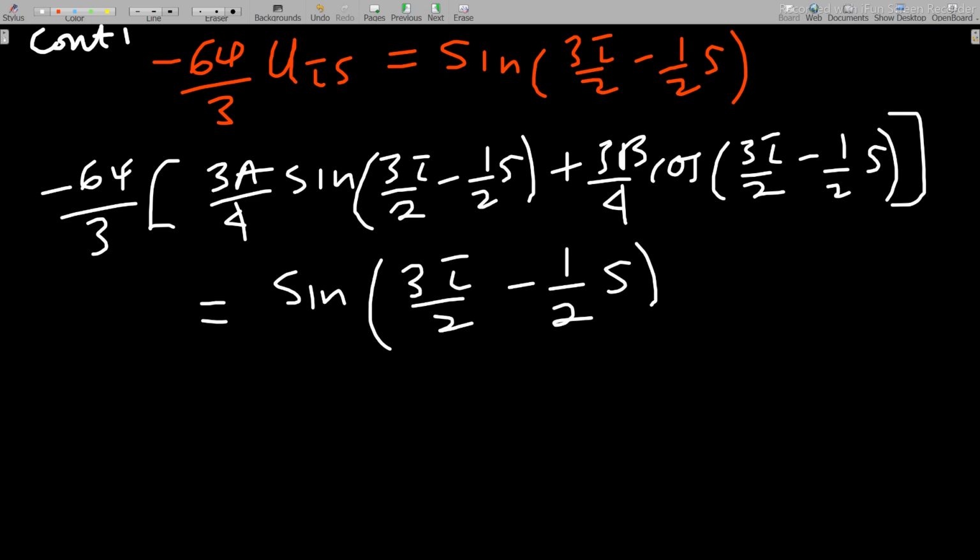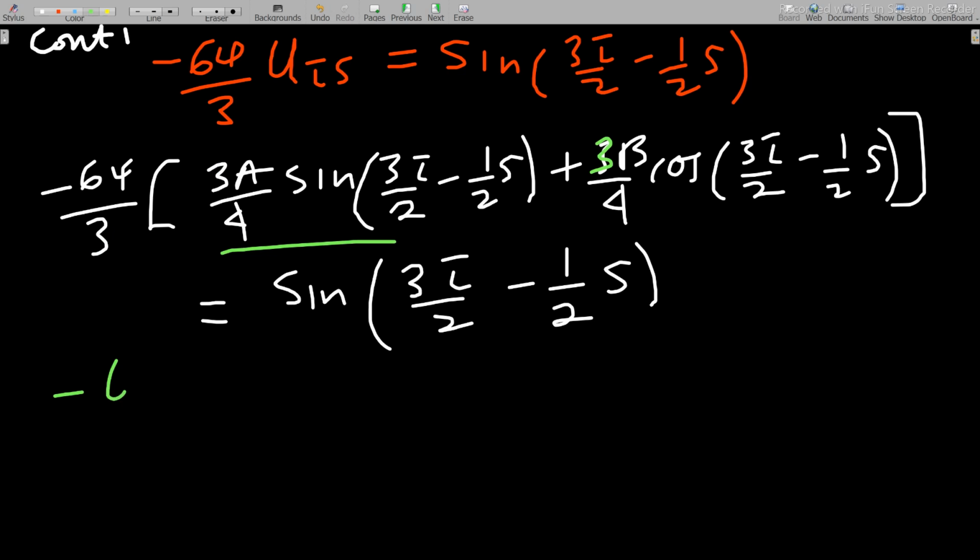Okay, so if I multiply negative 64 over 3 through the whole of this at the left side of the equation, in the first part, 3 will cancel 3 here, and 4 goes into 64, negative 16. Okay, that's for the first part. In fact, it will happen for both parts, so you have 3 over 4 here as well.